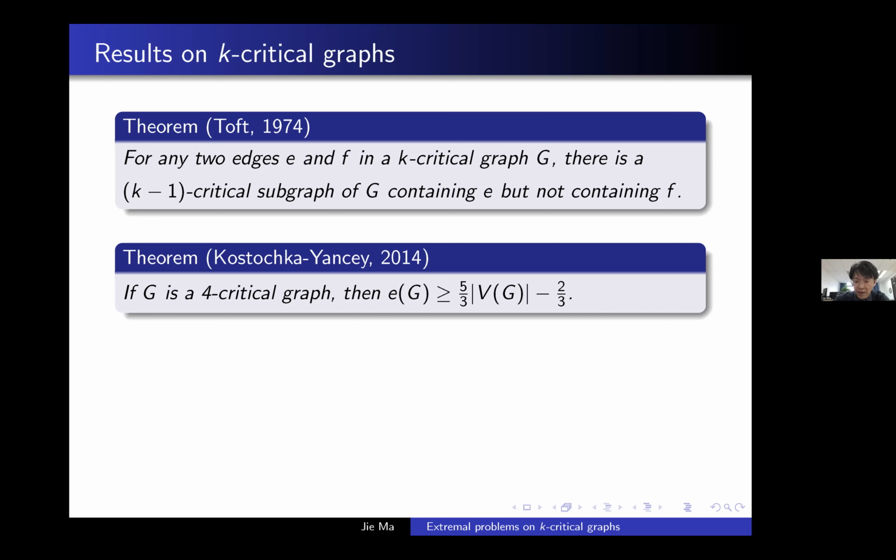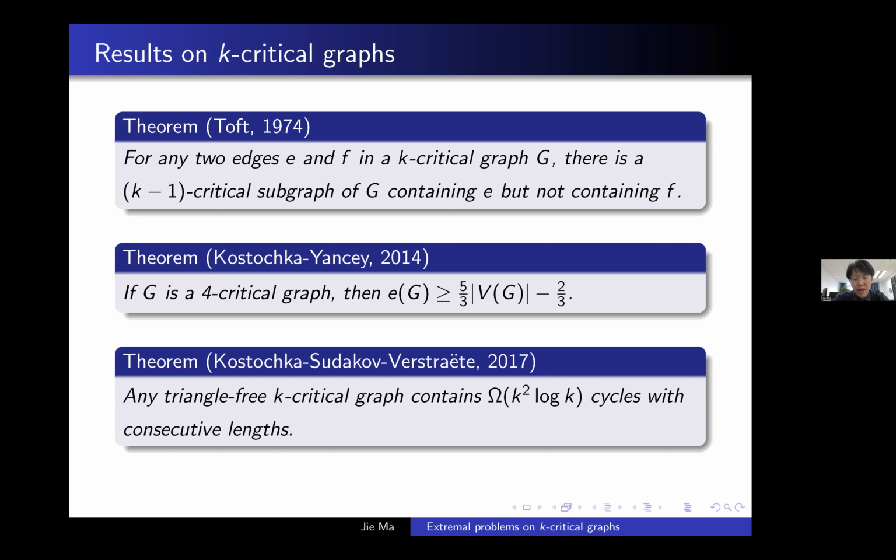And there's another result due to Kostochka, Balogh, and Lavrov in 2017. They proved that if the graph is triangle-free, and we don't necessarily assume it's K-critical, but say the chromatic number is equal to K, then such a graph contains k squared times log k many cycles. Moreover, those cycle lengths are consecutive.